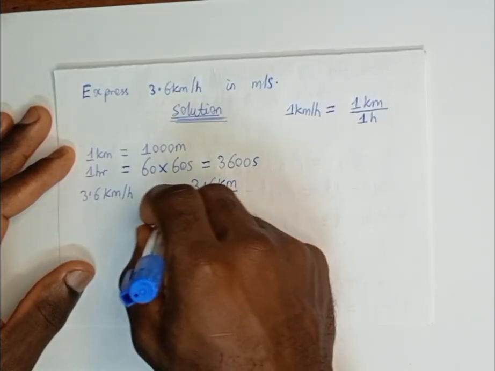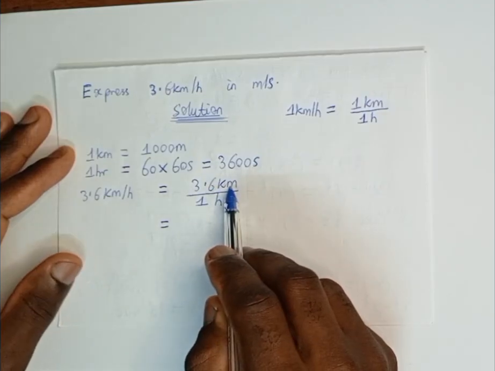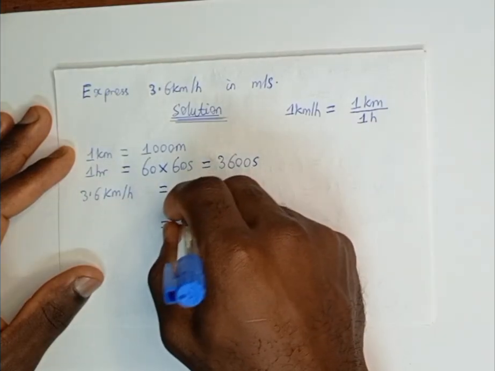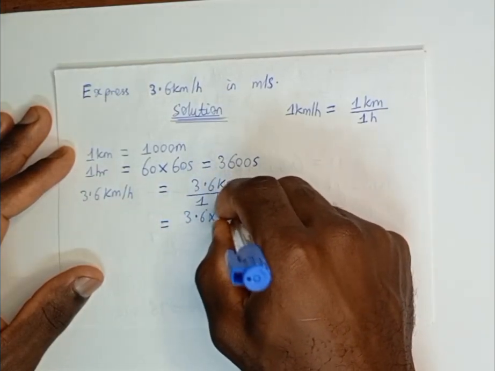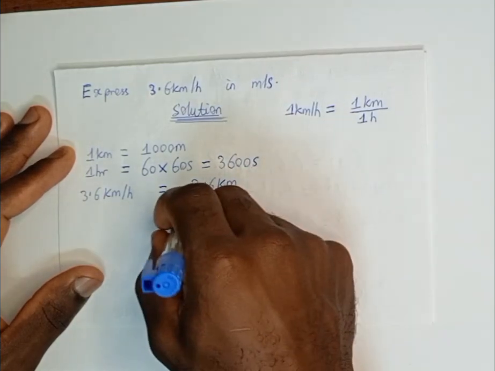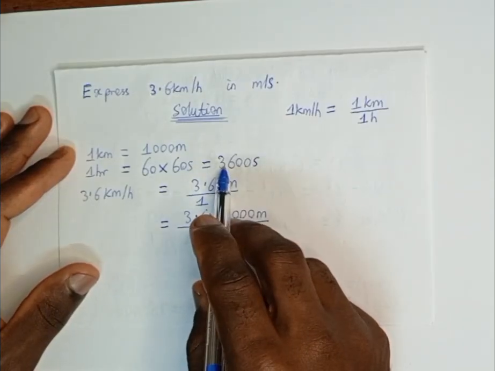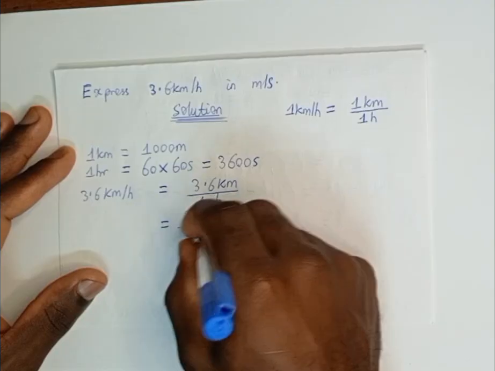This will simply be equal to, we are going to express 3.6 kilometers in meters. That means we have to multiply 3.6 by 1,000 meters. Then we divide this by 1 hour, which is simply equal to 3,600 seconds.